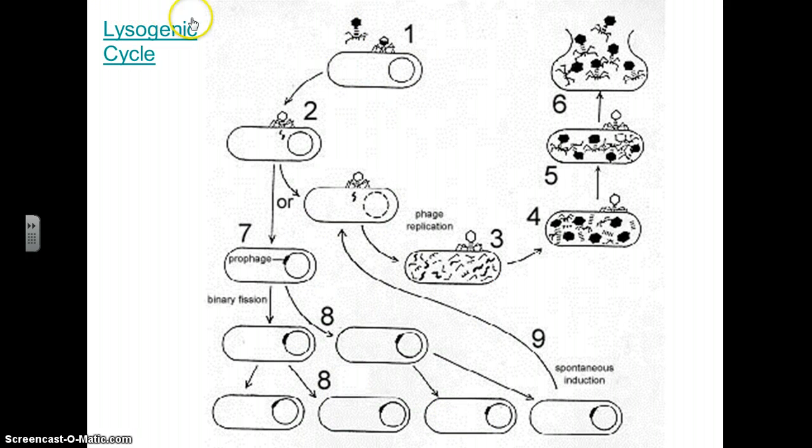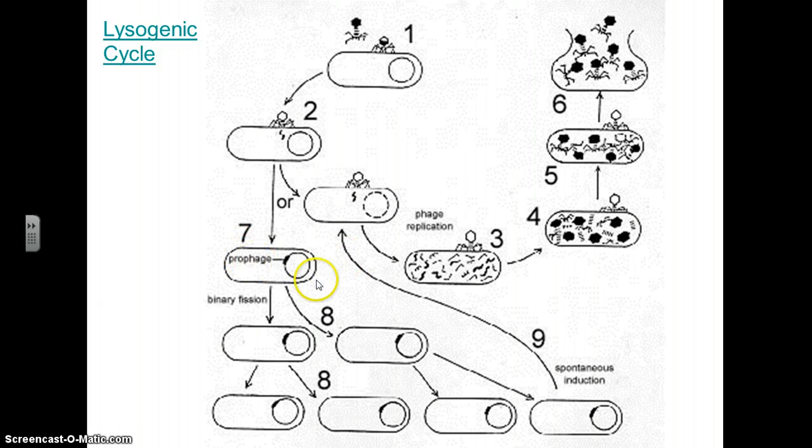Now the lysogenic cycle is a little different in that the virus attaches and inserts its DNA, but instead of immediately taking over the host cell and assembling more viruses, the viral DNA is incorporated into the host, and it becomes part of the host DNA, and at that point it's known as a prophage.